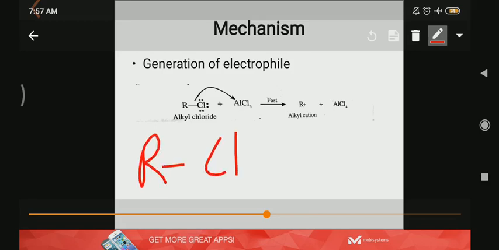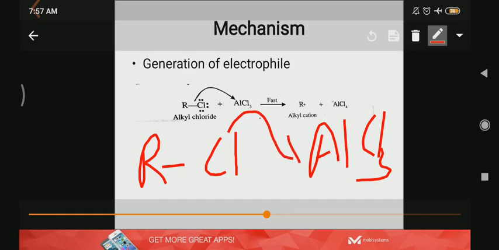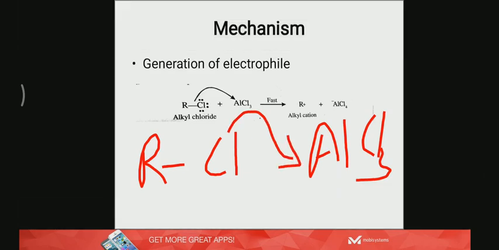When RCl or RX interacts with AlCl3, there is a lone pair on chlorine which will be used to form a bond between chlorine and Al. A bond is partially formed between aluminum and chlorine. That will weaken the R-Cl bond.